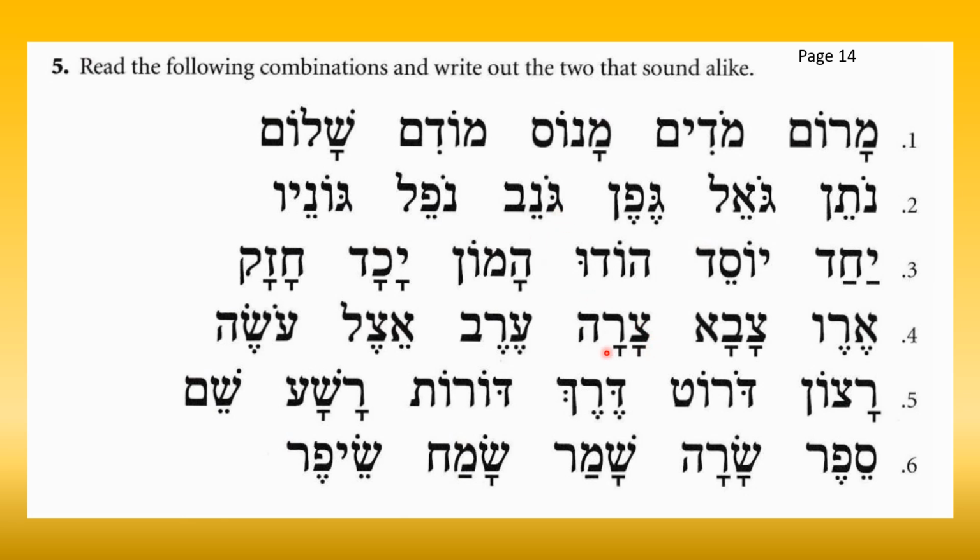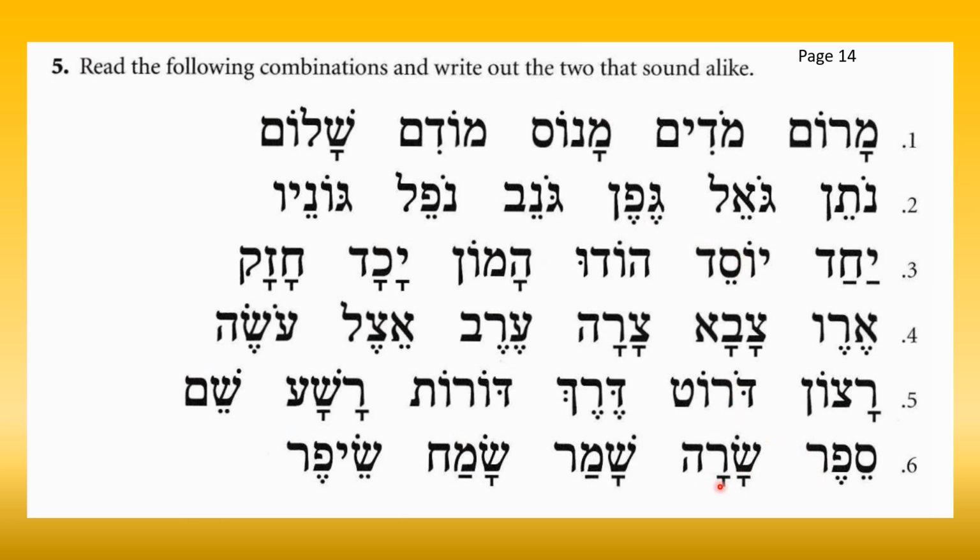If you see dots in other letters besides the Begad Kafat letters, I don't see any examples of that here. But at any rate, those dots double the letter, but really in the way that we pronounce it, we don't tend to hear that doubling all the time anyway, so don't stress too much about that, but just know that's the purpose of the dot, of the dagesh, as we'll talk about in a future lesson.